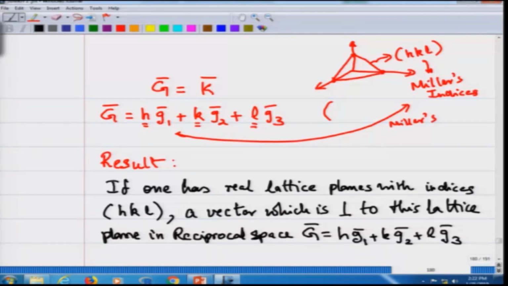Alternatively stated, in reciprocal space, if you have this vector G written as H times G1 plus K times G2 plus L times G3, then H, K and L are the Miller's indices of real lattice planes which are perpendicular to this vector G.